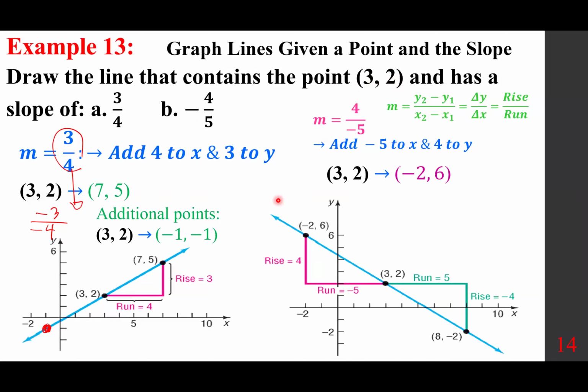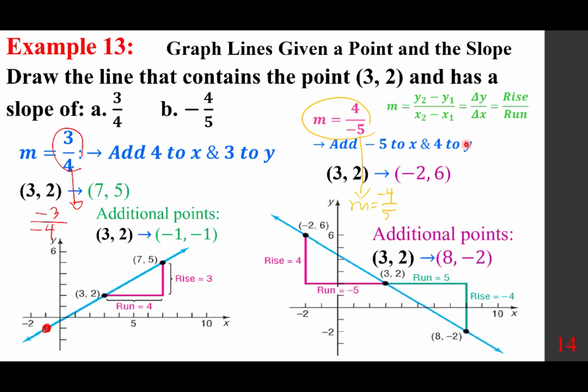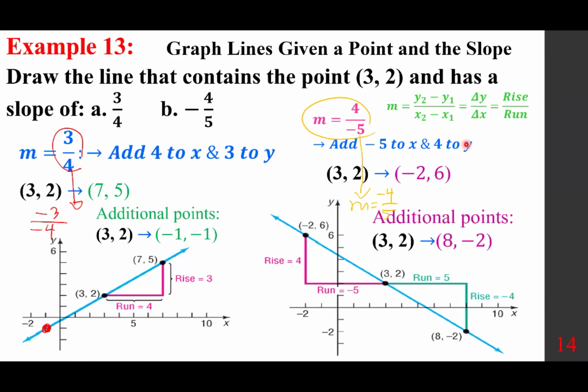If instead of that I use m equals -4 over 5, now I'm going to add +5 to x, -4 to y, and I get (8, -2).